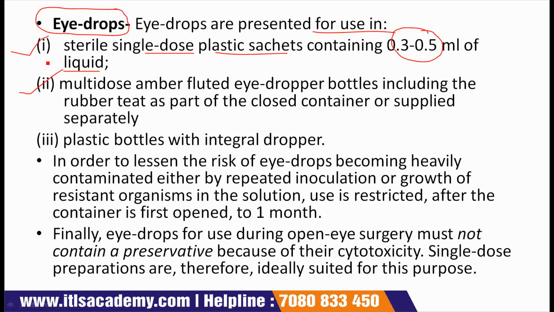Second, multi-dose amber fluted eye dropper bottles including the rubber teat as part of the closed container or supplied separately. And the third one, in plastic bottles with integral droppers.